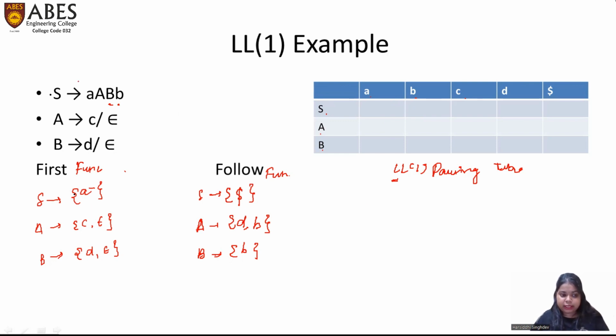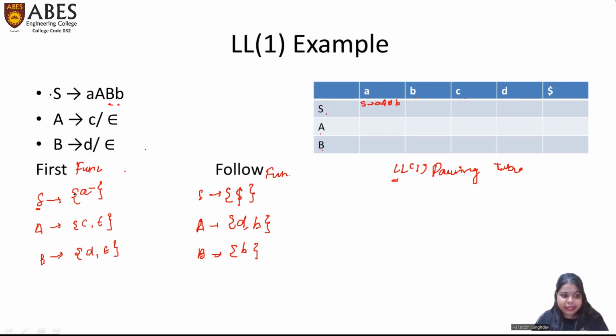For capital S, the first function contains only small a. So on seeing capital S with the first symbol a, we can replace the production S tends to small a, capital A and B.